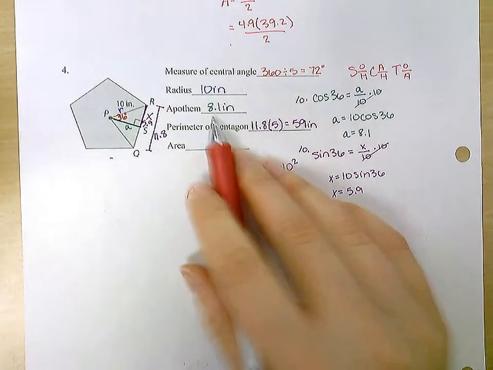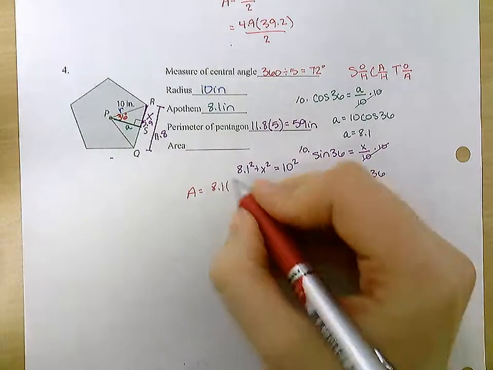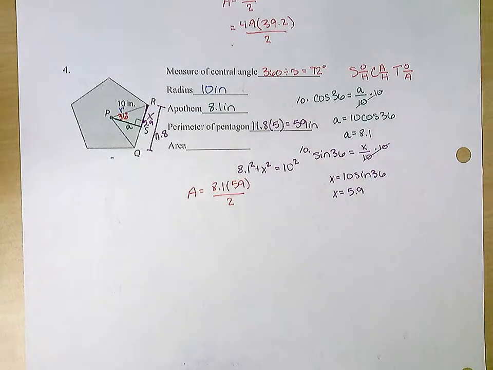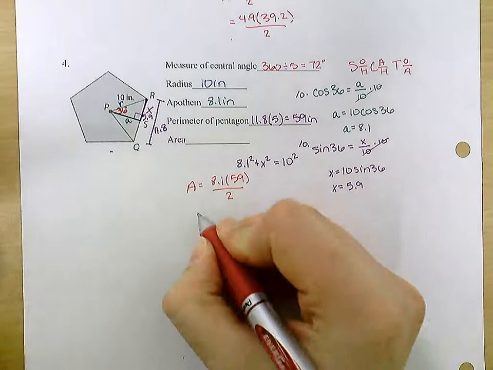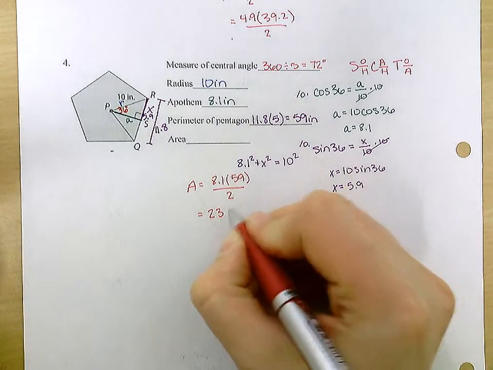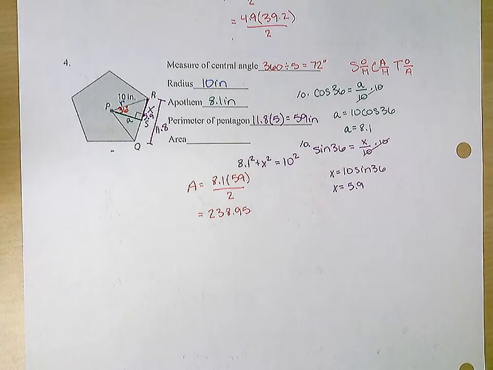So plug in your apothem as 8.1 times your perimeter of 59, and divide by 2. And I got 238.95.